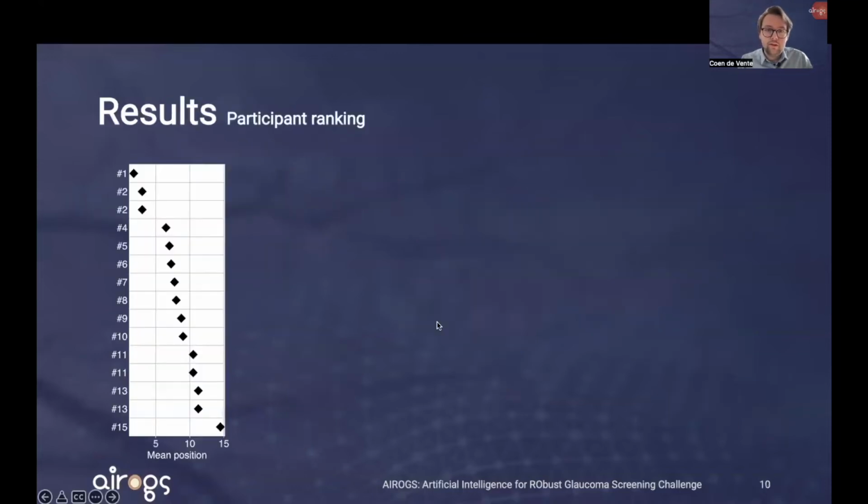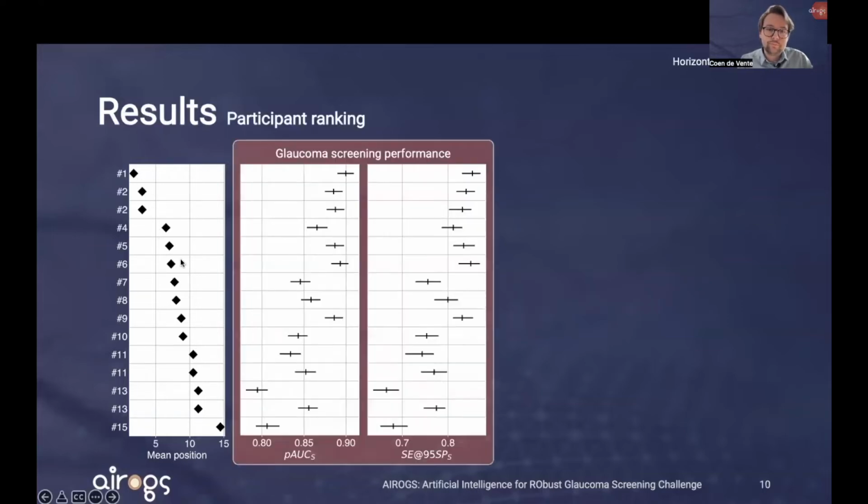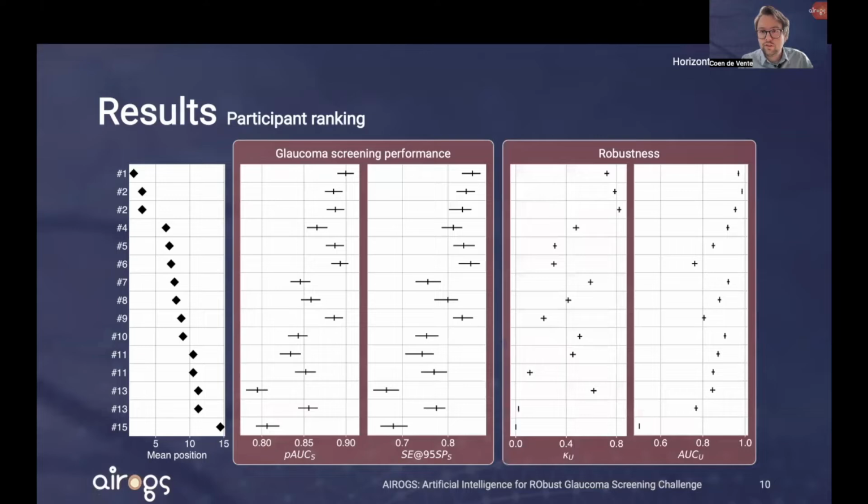Then up to the anonymized participant ranking, you can see that this final score looks like this. If we look at the glaucoma screening performance, you can see that the best partial area under the curve was about 0.9 for screening and about 0.85 for the sensitivity at 95% specificity.